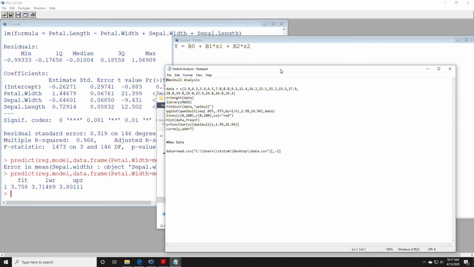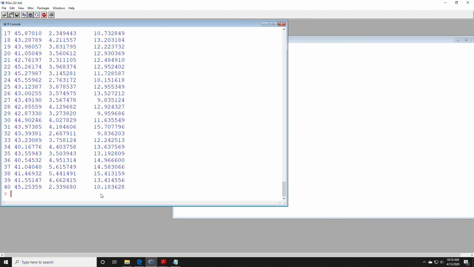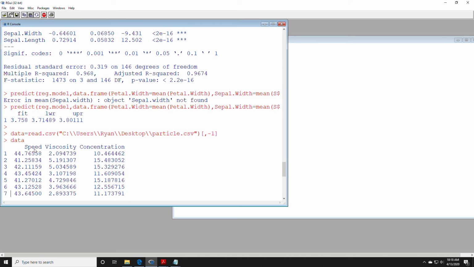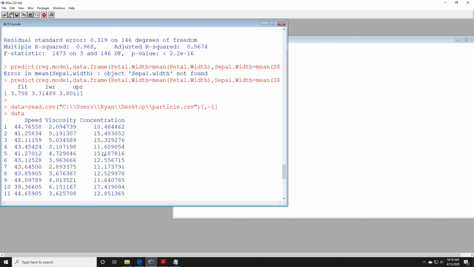Oops. And change my username. Change my data set. All right, 40 observations: particle speed, viscosity, concentration.